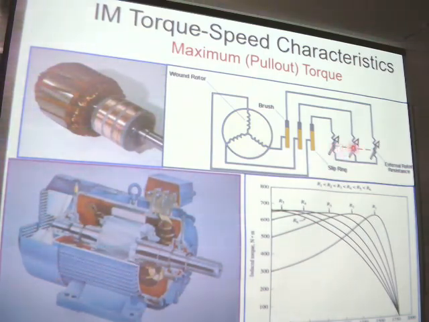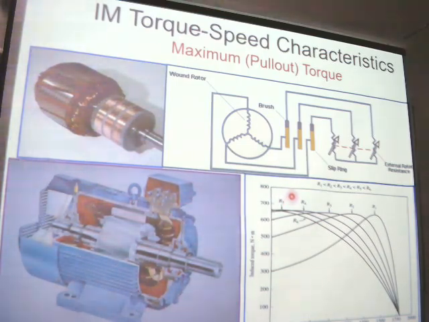We change the value of the external resistance, and we'll change the torque speed curve. Different resistance values R1, R2, R3, R4, R5. R1 is small, R2 is smaller still, and R5 is the largest.